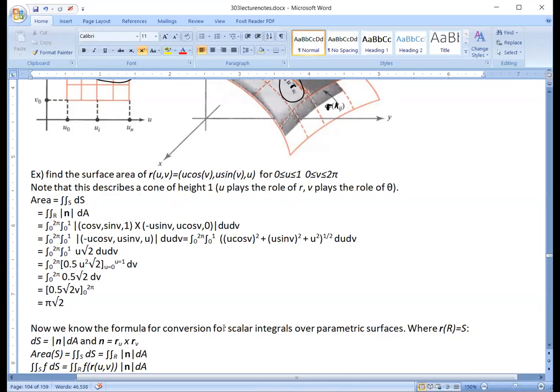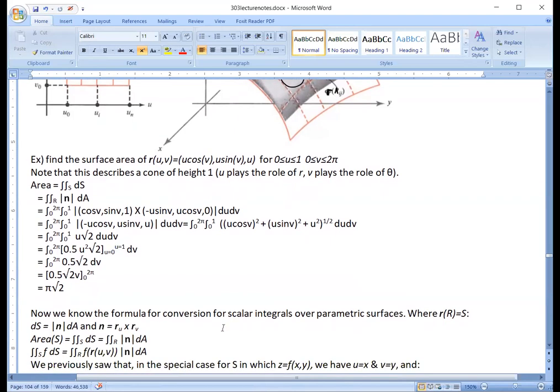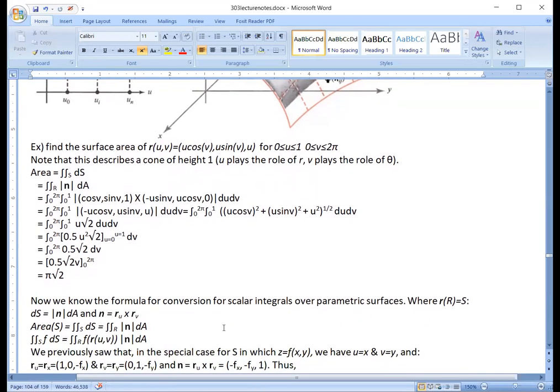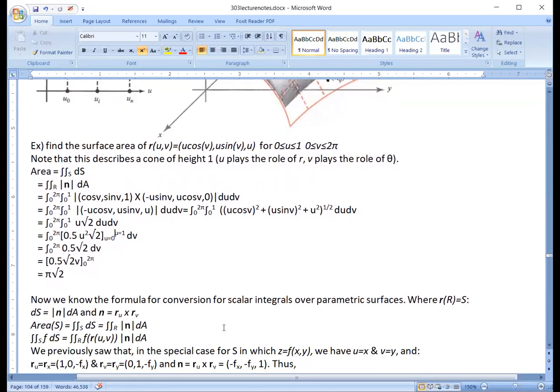And let's take a moment and look at a special case. So what about the special case where the surface is described by z equals f of xy? So as we've said before, in that case, you can just use x and y as your parameters. So dr du is really just dr dx, which calculates to 1, 0, fx.